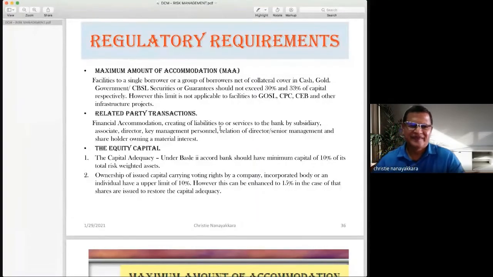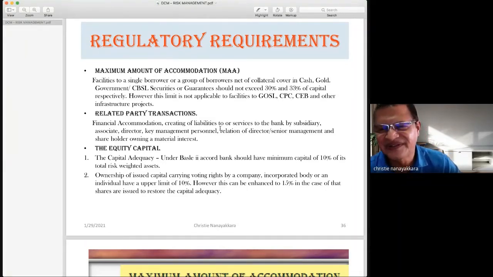Now, we go into another requirement by the regulator. We call it equity capital. You have heard this word, capital adequacy ratio of a bank. That means the bank will take the assets and do a risk weight of assets. Say you have a customer who has borrowed money against a cash deposit of his own.